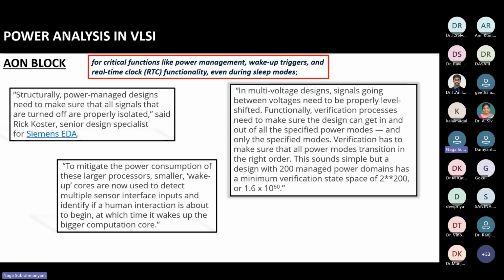So this is always on. Look, these are various statements from the various companies regarding the always on block. If you see here, critical functions like the power management unit need to be always on. Whatever wake up triggers are required, those need to be always on, because as soon as I switch on the power button, first those triggers will wake up, right?